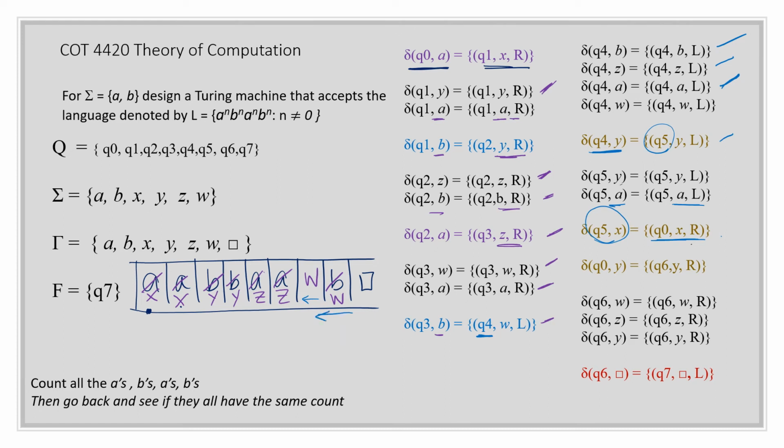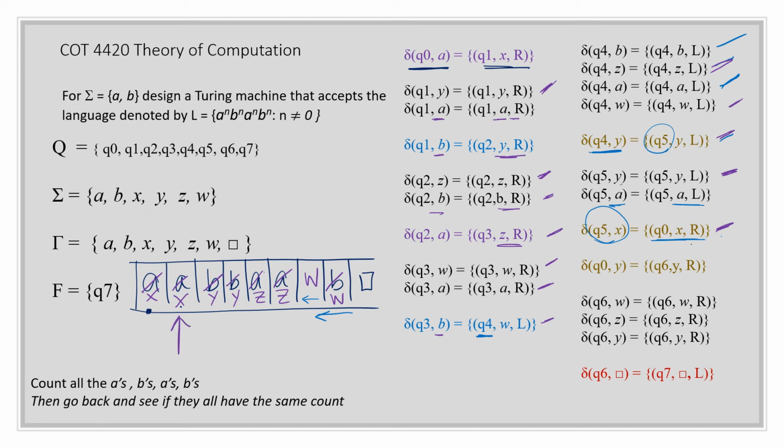All right, so now we head back left. We are in Q4. If you have a W, you just keep going left. You have a Z, you go left. You have a Y, you go left. You have a Y, you go left. You have an X. So now this is where we can see you have an X. So we're at this X right here, right?